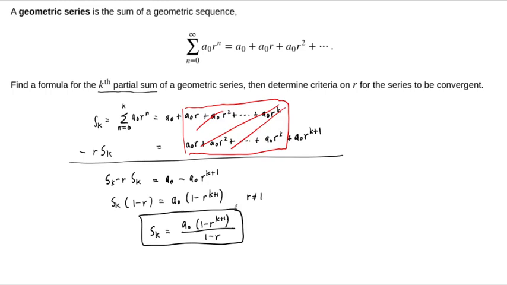What we'd like to do now is try to find out when this thing is going to be convergent. So let's go to a new page here, and we can write down our formula for the partial sum: s sub k is equal to a0 times 1 minus r to the power k plus 1, over 1 minus r.